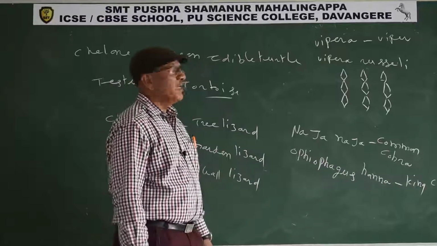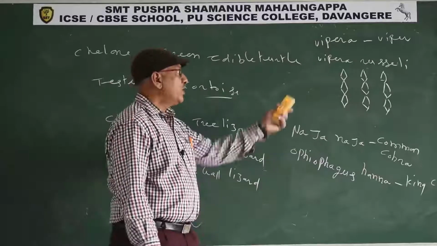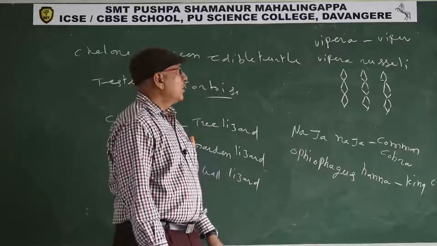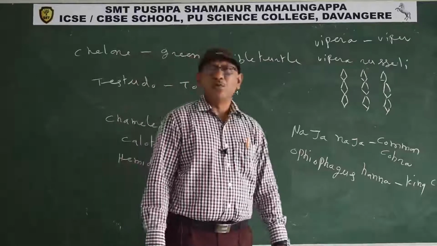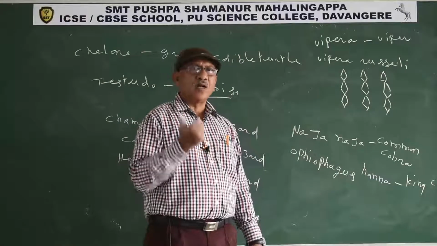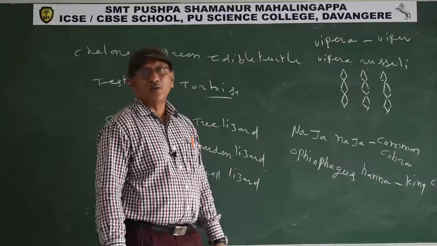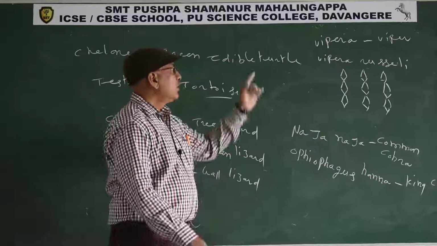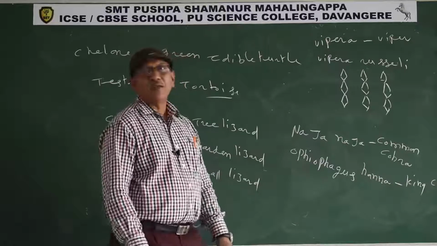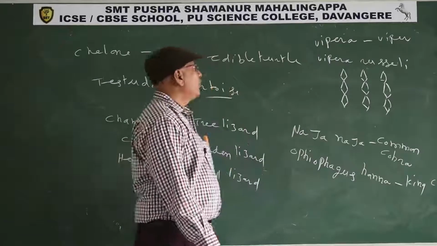Vipera russelli venom acts on the blood vascular system, poison to blood. So in the last minutes, a few minutes before death, blood comes out from the nose, ears and eyes. So Vipera russelli venom destroys our circulatory system.